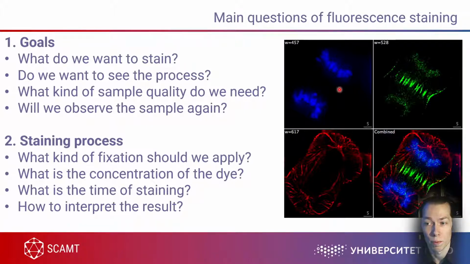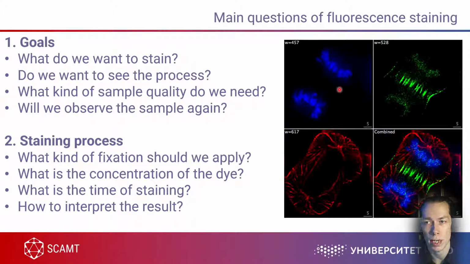Well, it's a very complicated question because a lot of sub-questions need to be answered to understand what you want to see. And there are a lot of ways to stain cells. It's an enormous number of ways.